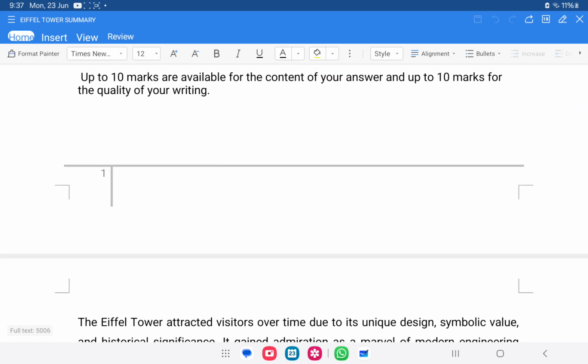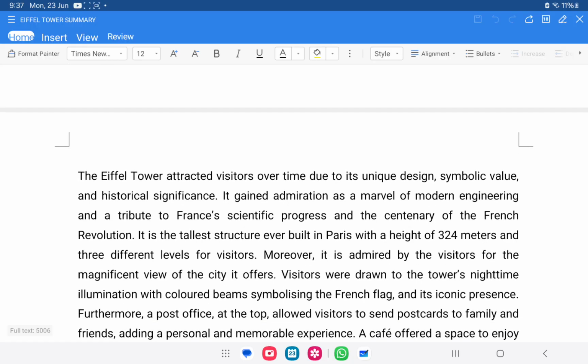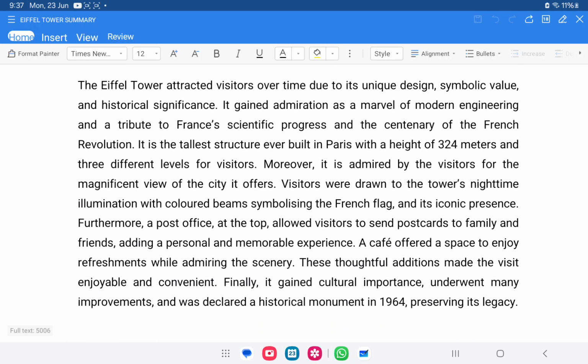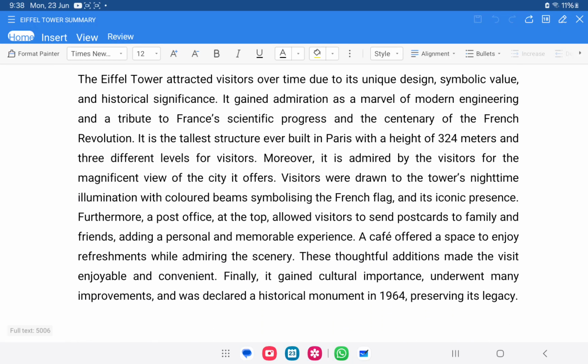Yes, let's have a look at this. This is a summary. You have to read it, take a screenshot, read it, and just notice that only the relevant ideas are mentioned here, nothing else. And what else have we used here? Yes, look at the use of transition words also.